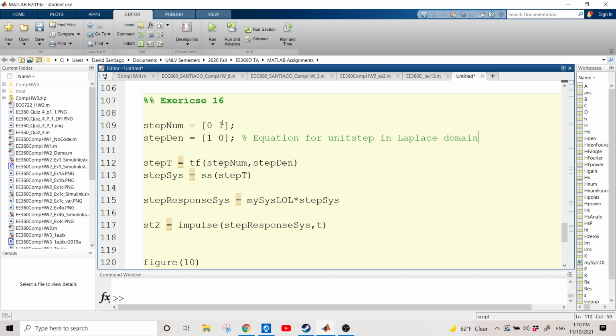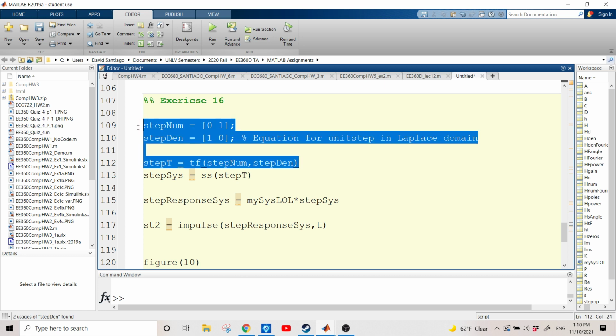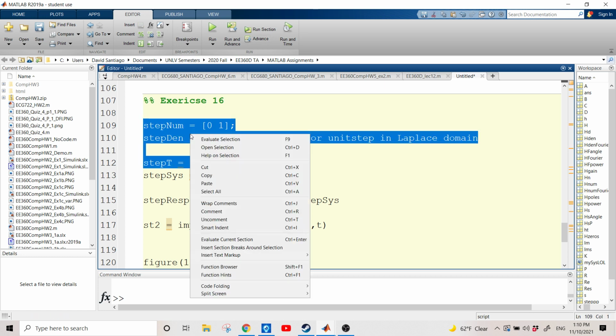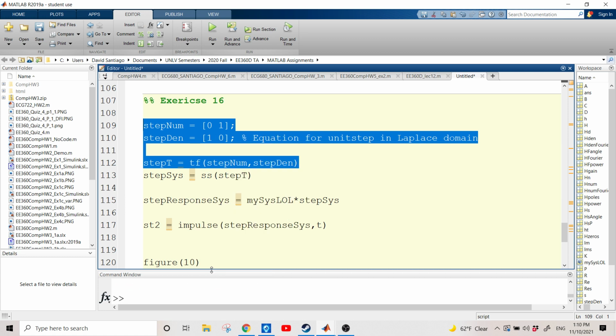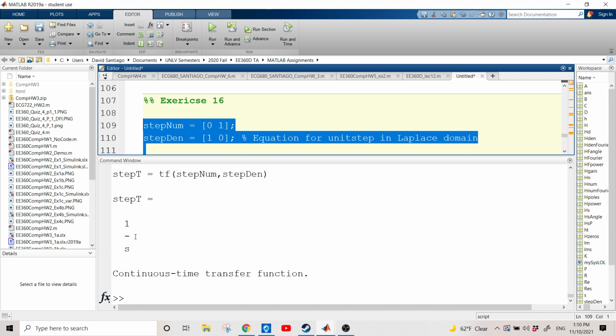Okay? So this is a constant 1, and then this is an S, so 1 over S. If you were to run this, F9, there we go. There you go, 1 over S.